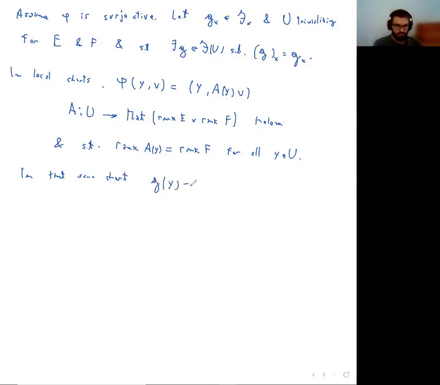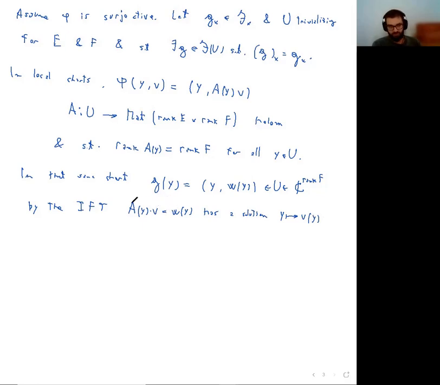So g(y) is also going to look like this, I mean, it's a section of the vector bundle F. But now since A has full rank, by the implicit function theorem, the equation A(y) times v equals g(y) has a solution y goes into v(y). Here v is the thing we don't know.